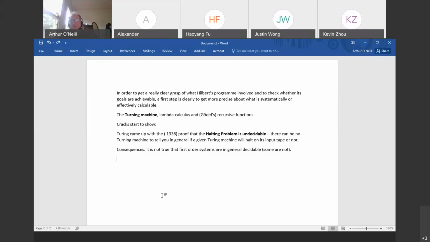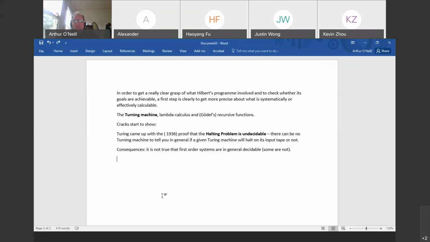Or you can say for any element of a set. But if you start talking about properties and you say for any property, blah, blah, blah, that's second order. So second order systems turn out to be horrible. So they were trying to keep it down to first order systems.